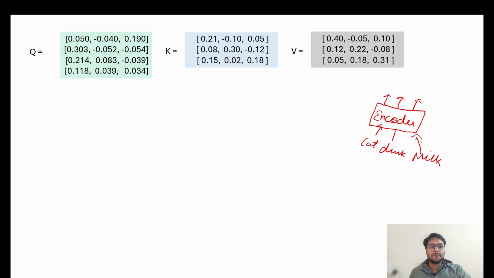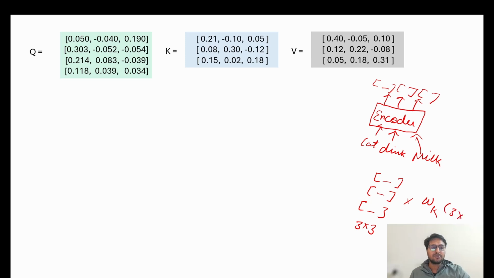We gave our encoder these three words, and they become three vectors of size 3. After stacking all three vectors, this becomes our 3 by 3 matrix, and we multiply it by WK.